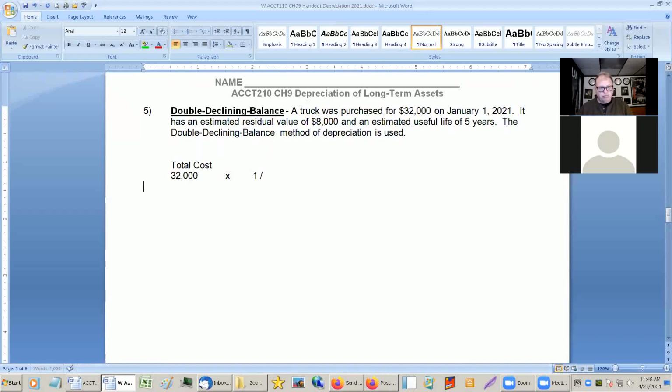In this case, the number of years is 5. Times 2.